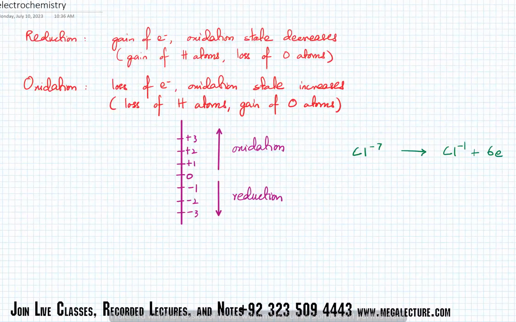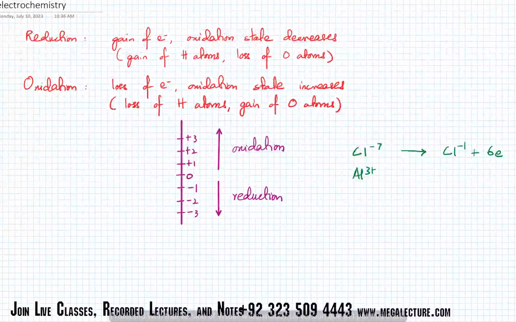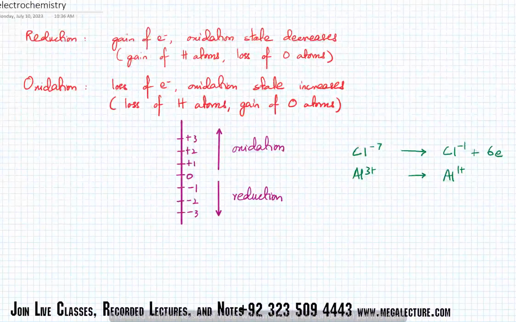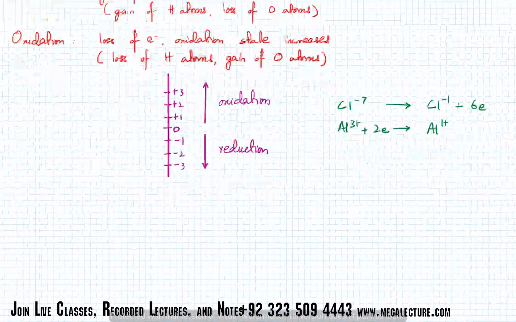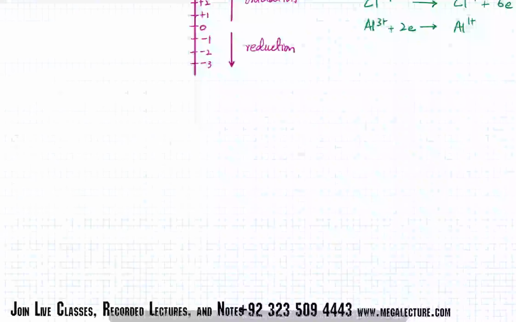Similarly, if you have Al3+ and it turns into Al+, reduction. Okay, that's a gain of 2 electrons, right? So basic stuff.